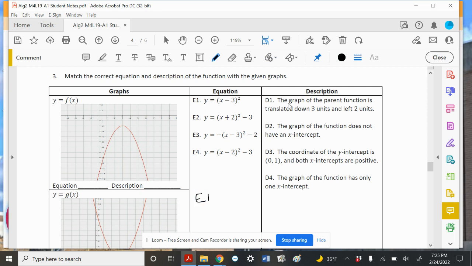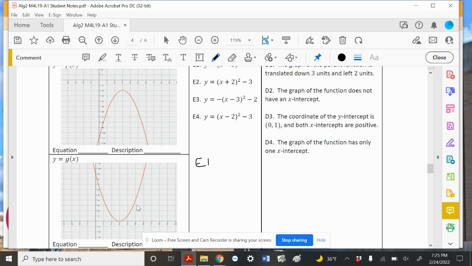And notice the graph, and then we have to match the descriptions as well. What happened to this graph? It has only one x-intercept. It has an x-intercept down here because it crosses the x-axis. So it has only one intercept, and it looks like D4 is correct.